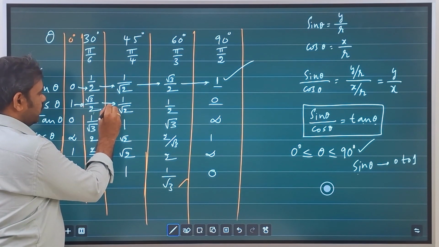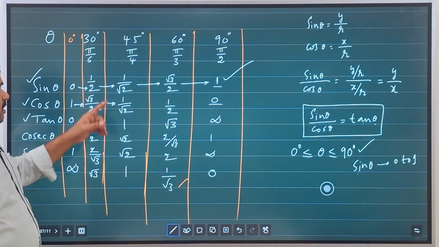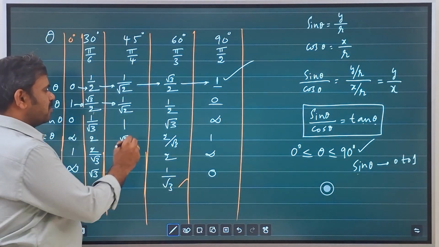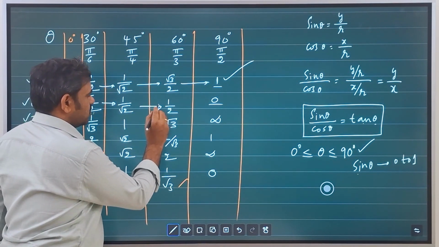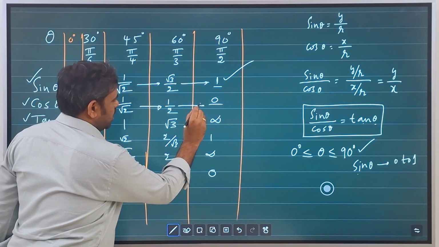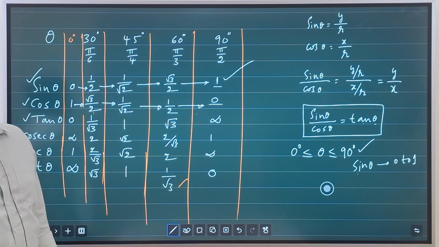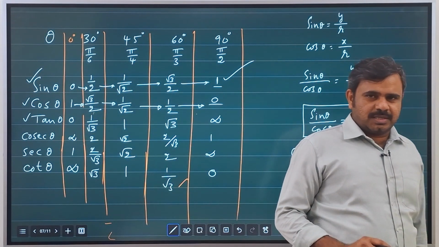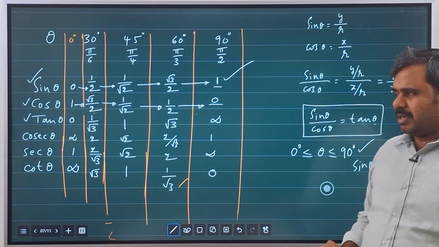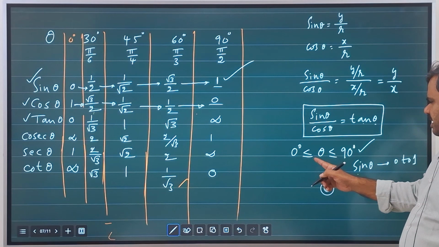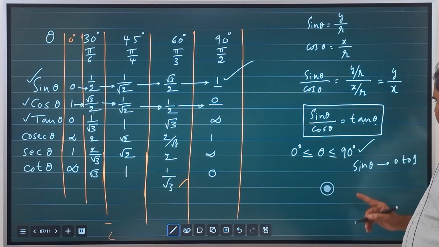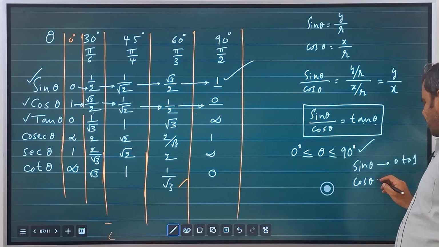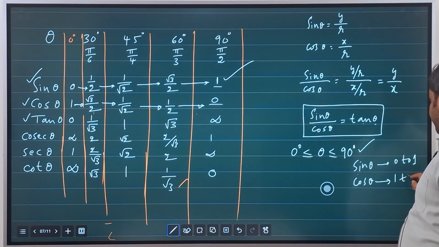And again, when the angle is increased further to 45 degrees, cos theta value decreases to 1 by root 2, and decreases to 1 by 2 for 60 degrees and becomes 0 when theta becomes 90 degrees. So between 0 degrees and 90 degrees, as theta increases, sine theta value increases from 0 to 1 and cos theta value decreases from 1 to 0.